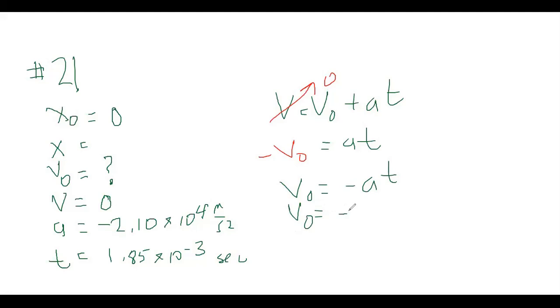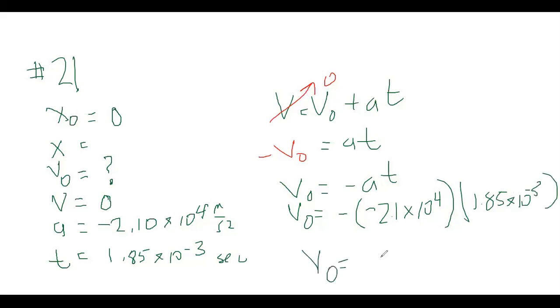V naught equals negative 2.1 times 10 to the 4th times 1.85 times 10 to the negative 3rd. And our initial velocity, when I put this into my calculator, is 38.85 meters per second.